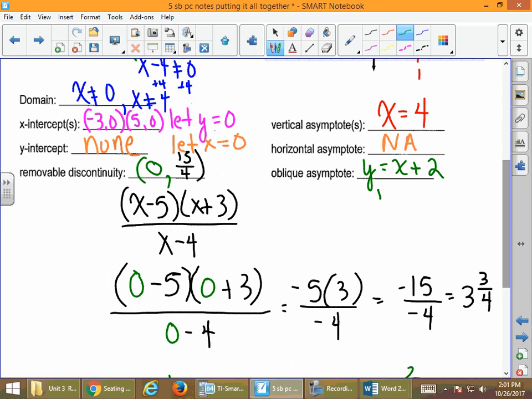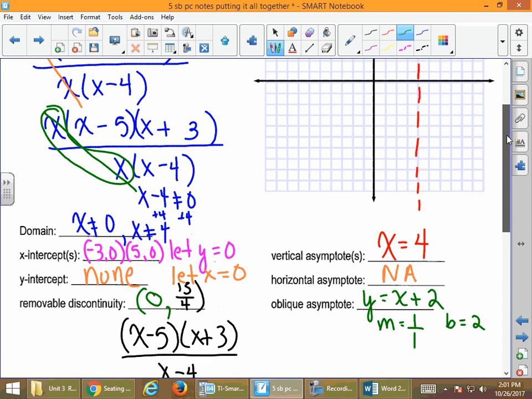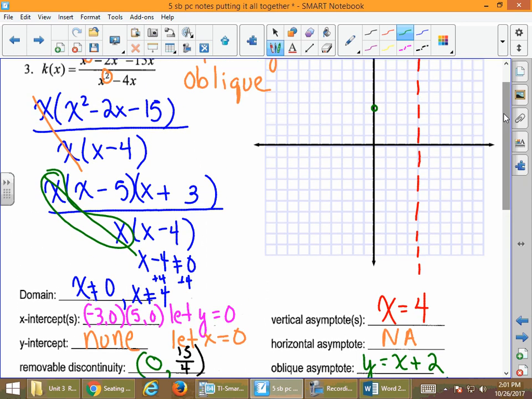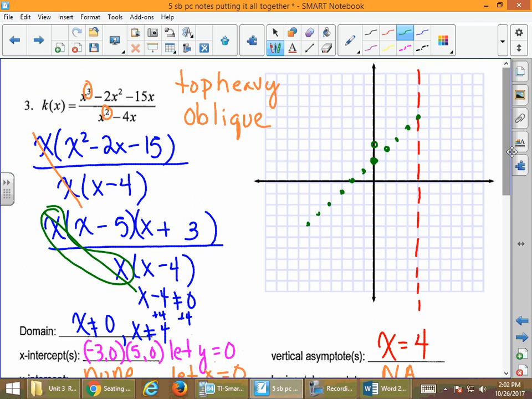When we graph that, the slope is 1 over 1. Y-intercept is 2. So here's b equals 2. And it's up 1 over 1, up 1 over 1, up 1 over 1, up 1 over 1. We can go down 1 to the left. And I usually just put a whole bunch in there, but we can dot that up.